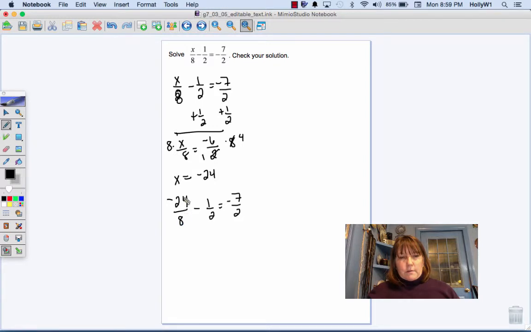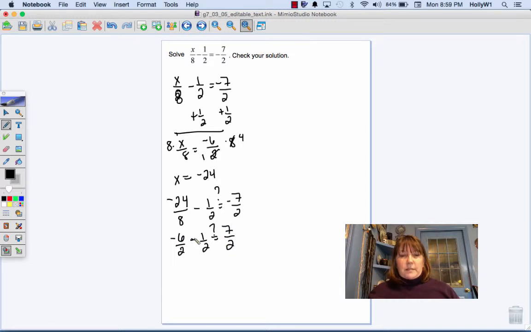Can we divide the top and the bottom by 4? I believe we can. We get negative 6/2, right? Because 6 times 4 is 24. Subtract 1/2. Is that equal to negative 7/2?